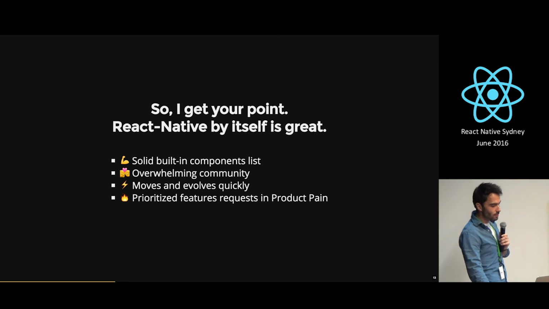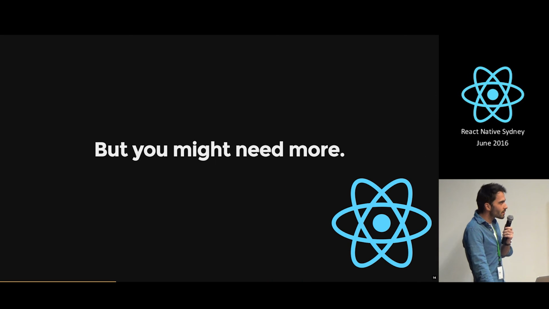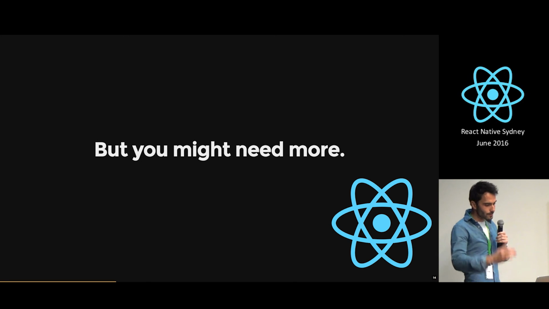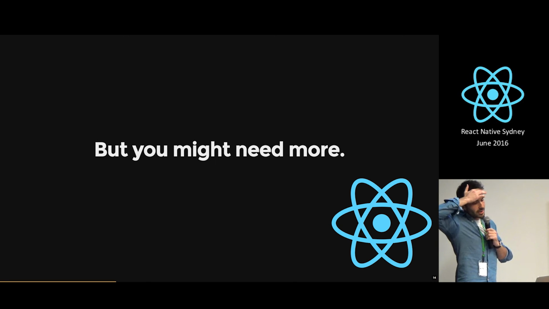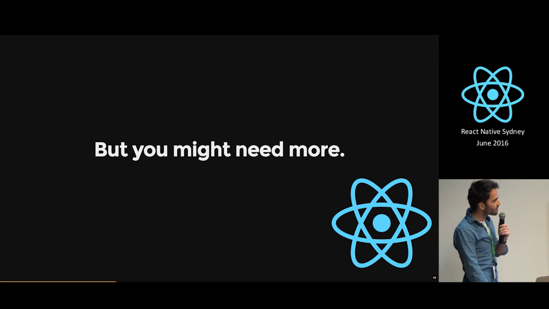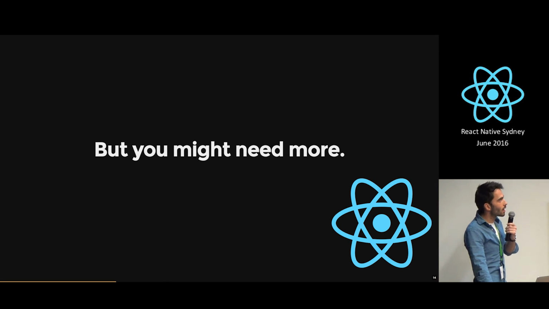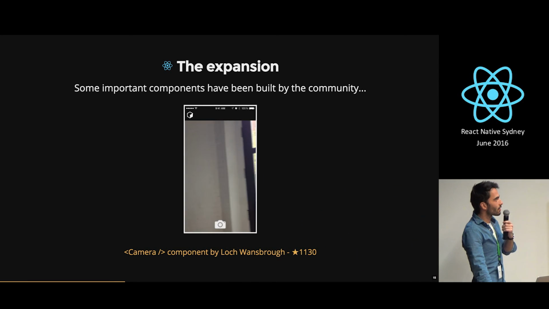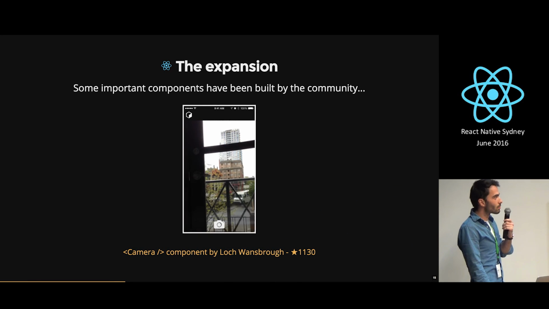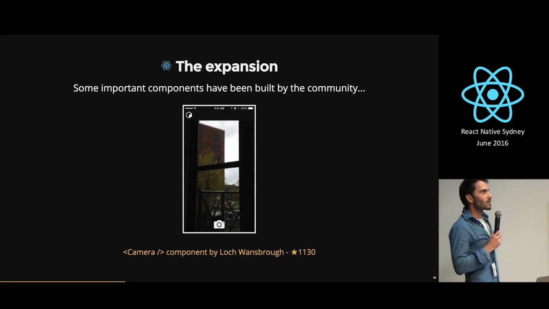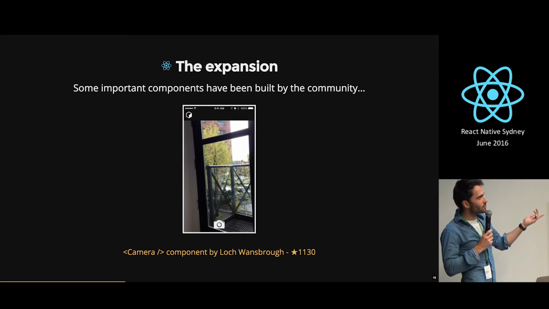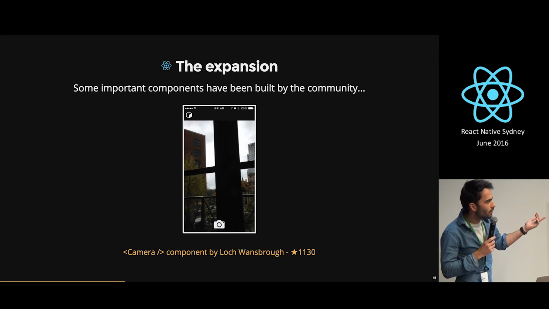So that's all good, but at some point, in 10% of the cases, maybe you might need more than these components. And I found some of the components that I needed for work not inside the built-in components of React Native core, but from the community itself. Some of them are pretty cool, like the camera, provided by Lock Vance Group.